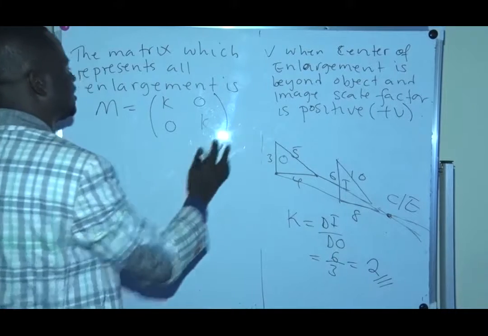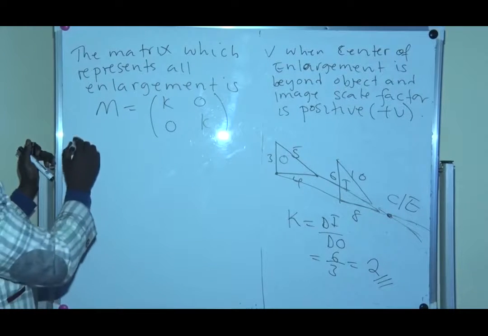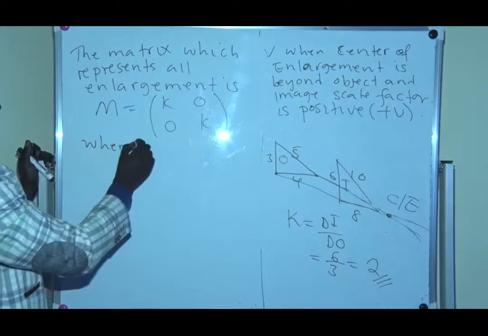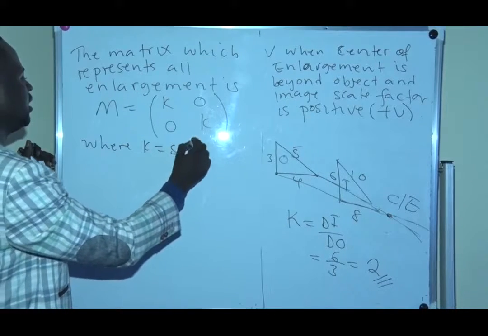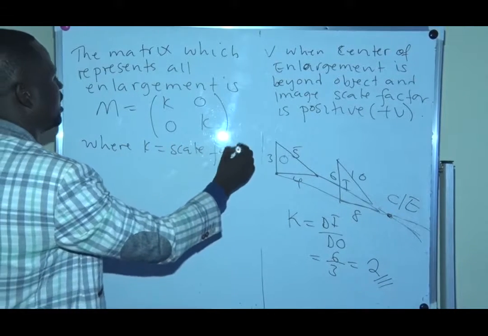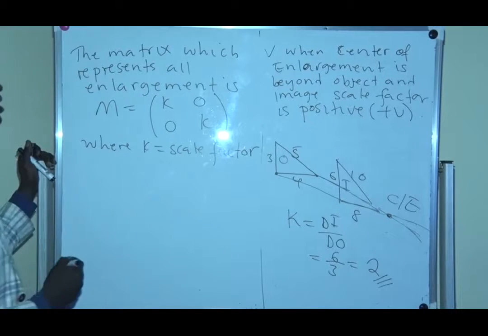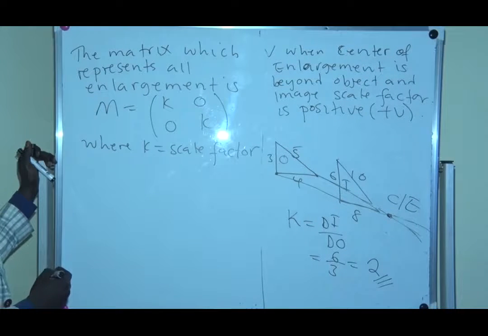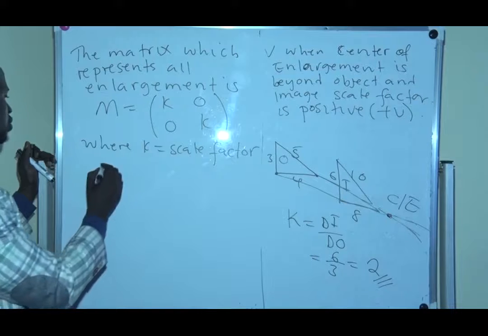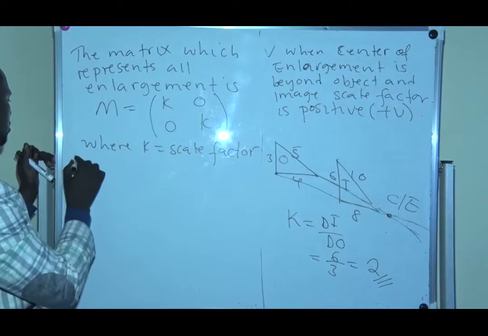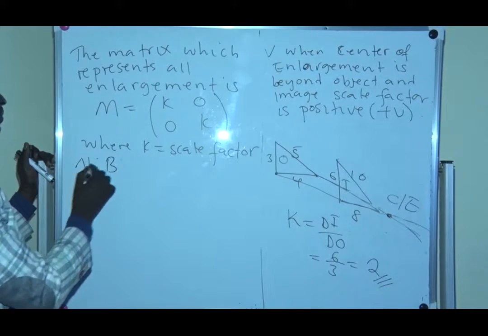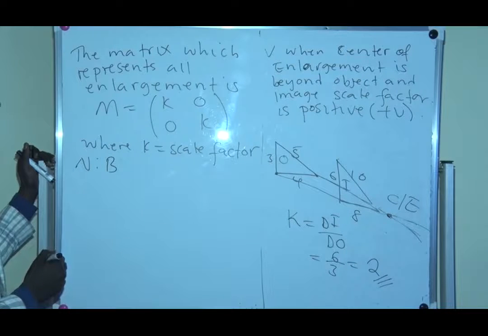So this is a matrix which represents all enlargement, where you are aware that K is the scale factor. Now, I want you to note, NB means note this. You must know this. Very, very important.